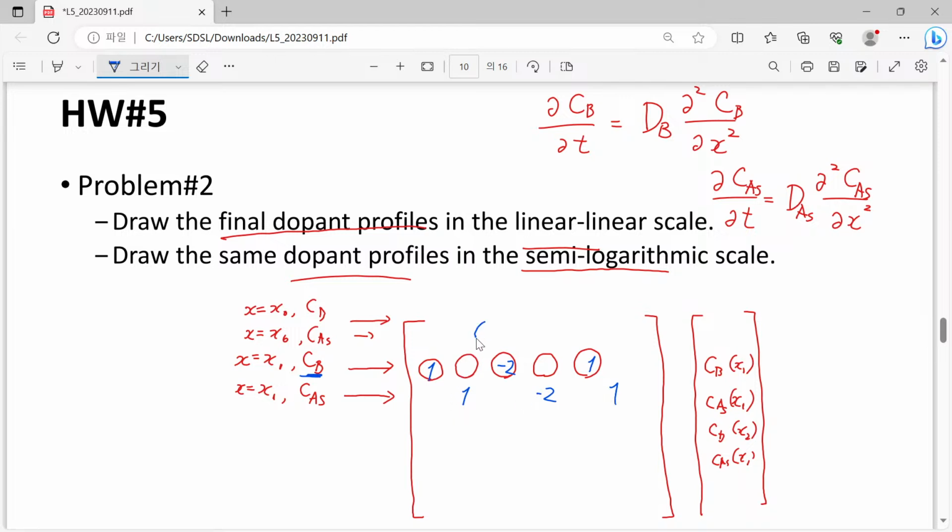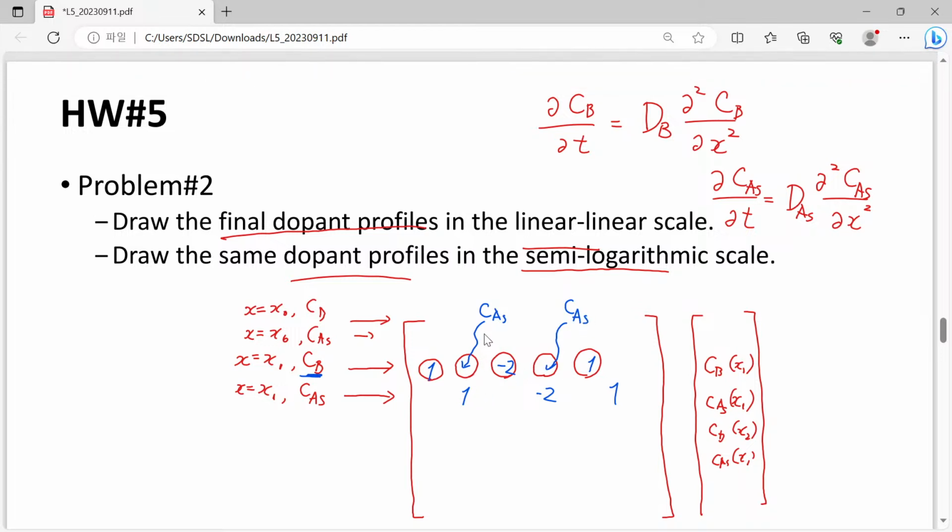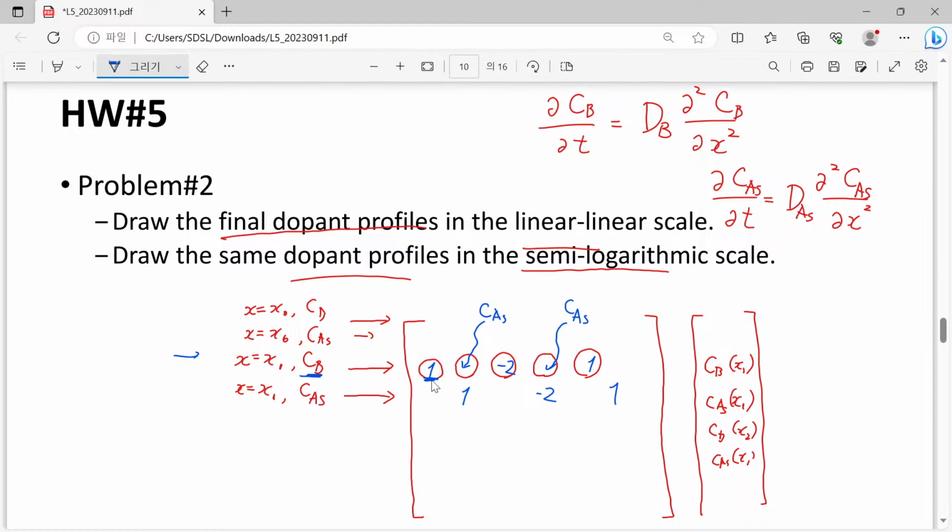Because this guy corresponds to C arsenic and this guy is also corresponding to C arsenic. We are not talking about C arsenic derivative in this equation. So this equation will take just this kind of discretized values, and at the same time for the arsenic concentration equation, we have nothing related with C boron. So they will be the zero entries, and we have just common 1 minus 2 1 things.